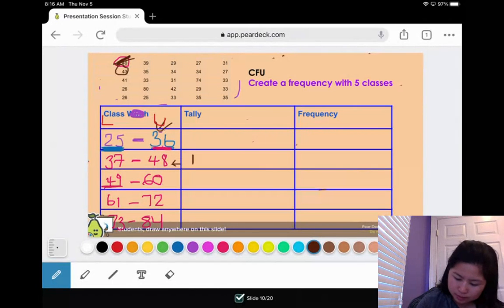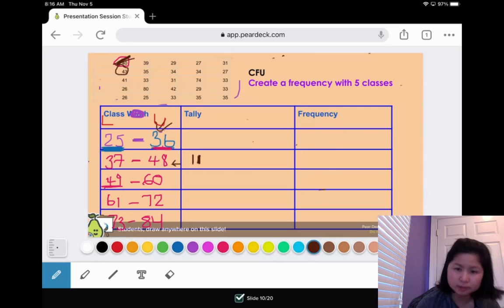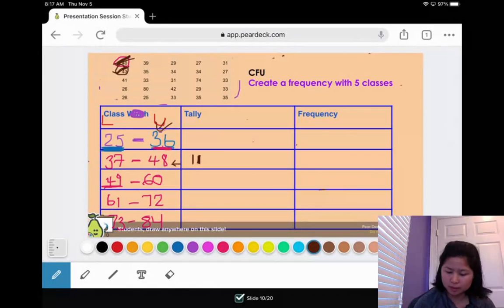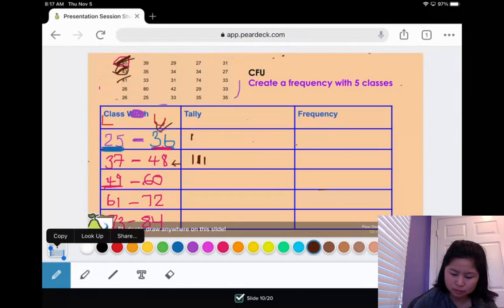Good. So it's still the second, so I make another tally mark right here. Cross it out. And then I move on to the next one, 41. 41 still the second one, right? So cross it out. 26 should be in my first. Cross it out. I have 26 again. Cross it out.